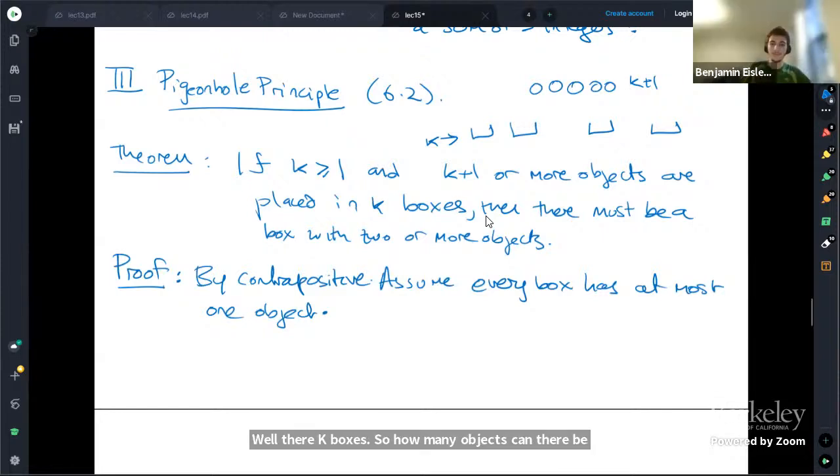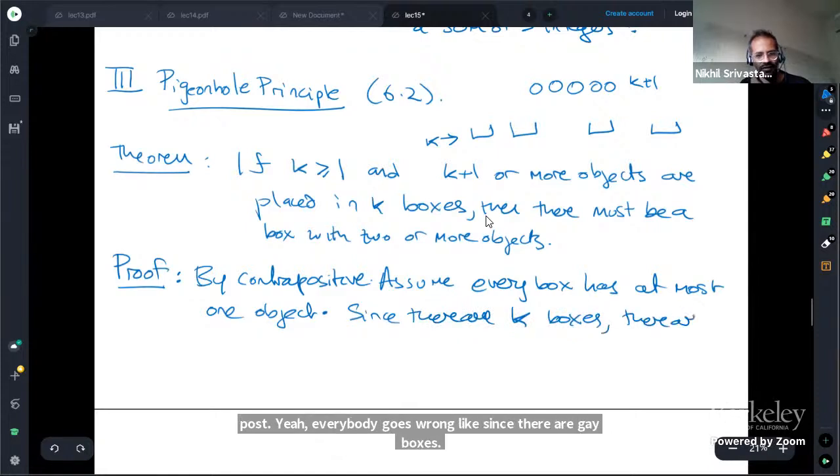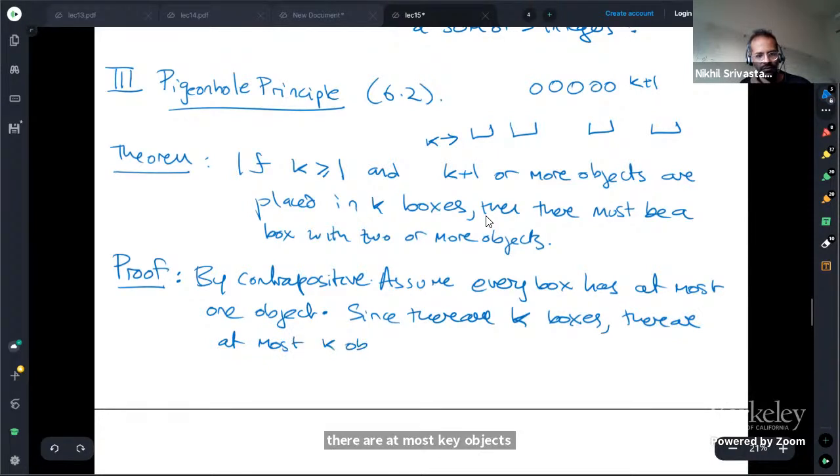Since every box has at most 1 object and there are k boxes, there are at most k objects, which means strictly less than k plus 1. So it's not hard to prove.